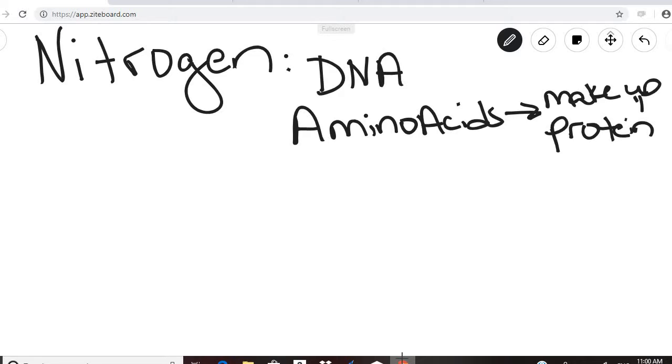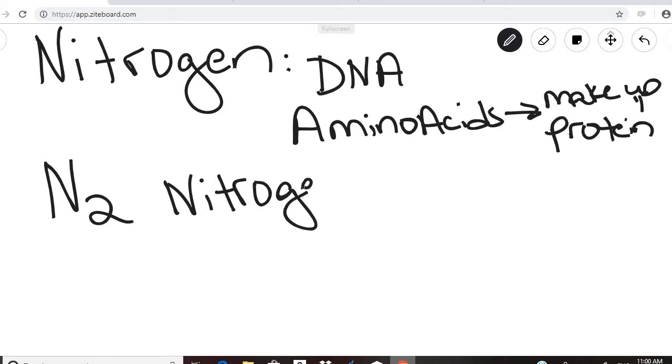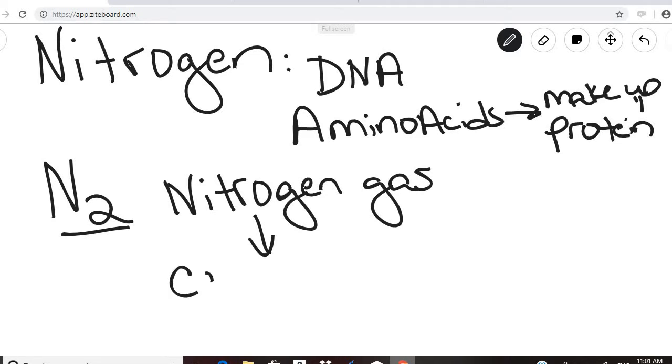So just like we said that carbon is trapped in carbon dioxide, a gas, nitrogen also occurs in a gas. More than 80% of the air that we breathe is nitrogen, in the form of a gas. But nitrogen gas cannot be used by most organisms.